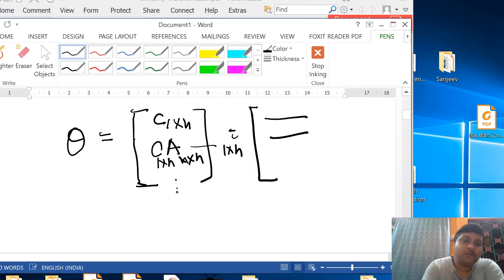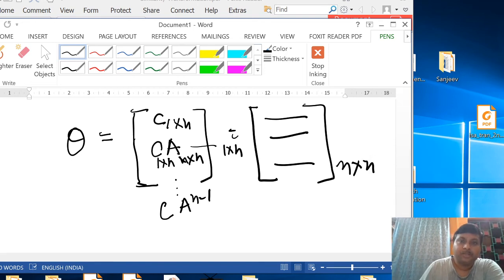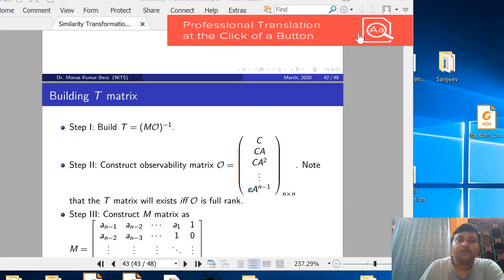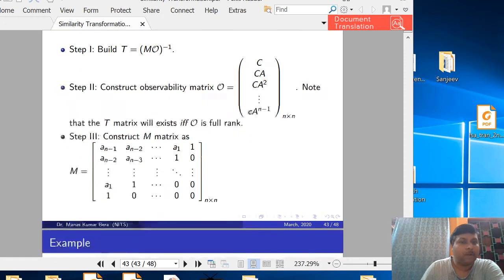So like that you have to continue up to C A n minus 1, and obviously it will be a row vector, and ultimately if you stack it, it will be an n cross n matrix. So we did that one, and we have to construct the observability matrix, and the M matrix is the same as earlier, meaning for the controller canonical form.